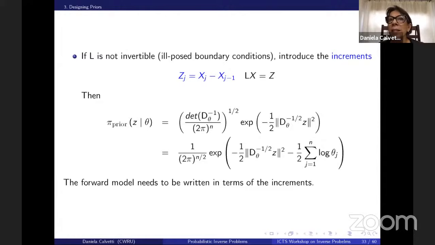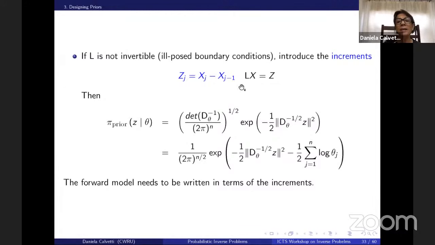In that case, to avoid heavy computations, in particular computations of determinants, which can be very time consuming and unstable, we can think about the signal in terms of increments rather than in terms of signal values.